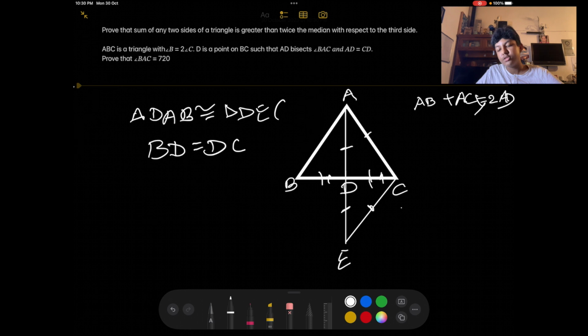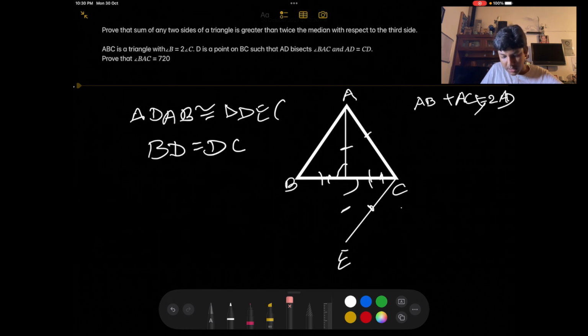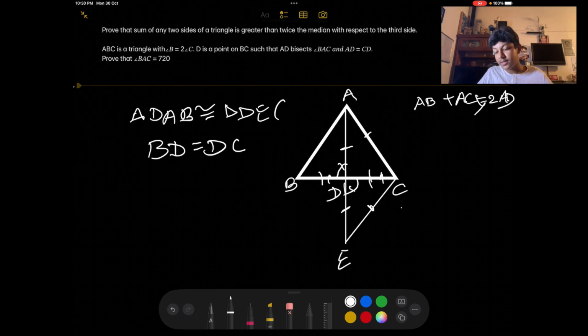Next, what can we see over here? Do you see this angle? Aren't these vertically opposite? Let's just write D over here. Aren't these angles vertically opposite angles? And we know that vertically opposite angles are always equal. Now we have shown that BD equals DC.